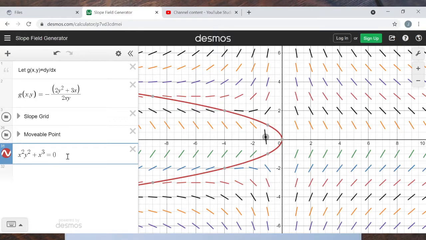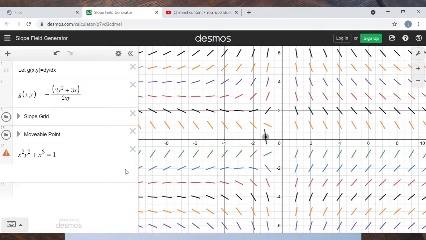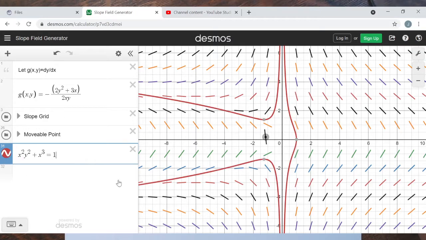Now I could replace the constant 0 with any constant. Let me just replace 0 here with 1, and I had to change it a little bit. Give it some time here to calculate, and look at this crazy curve, right? But you see again that I know there aren't too many lineal elements in the slope field, but the curve that comes up does seem to follow the directions of these lines pretty reasonably well.